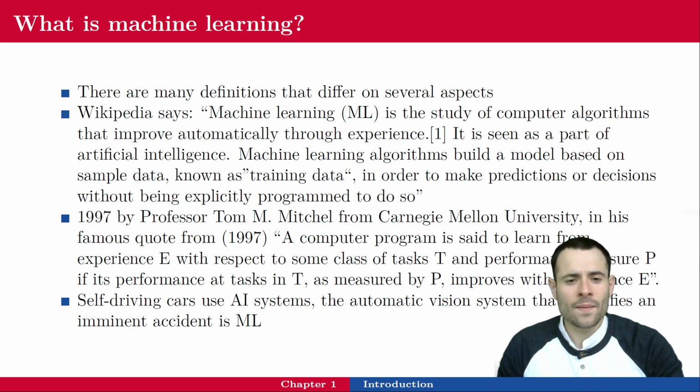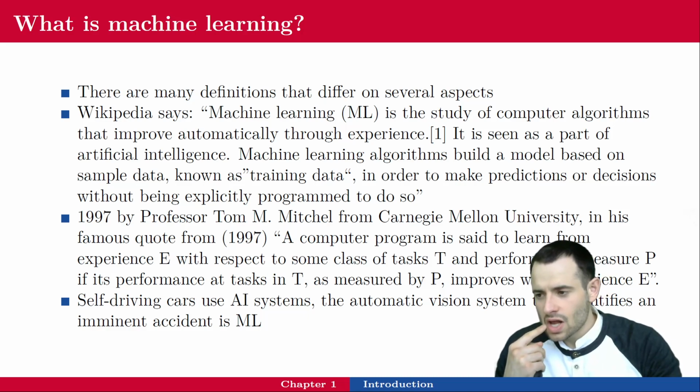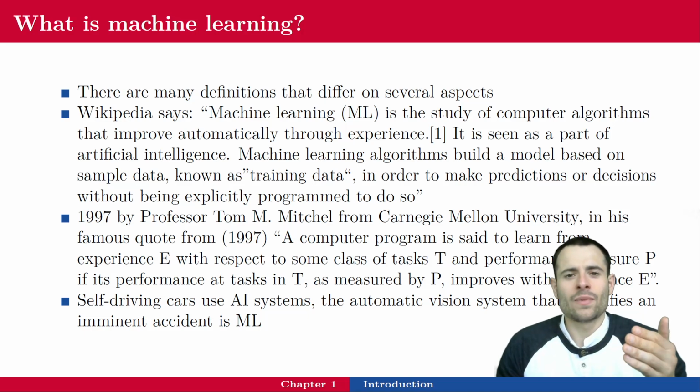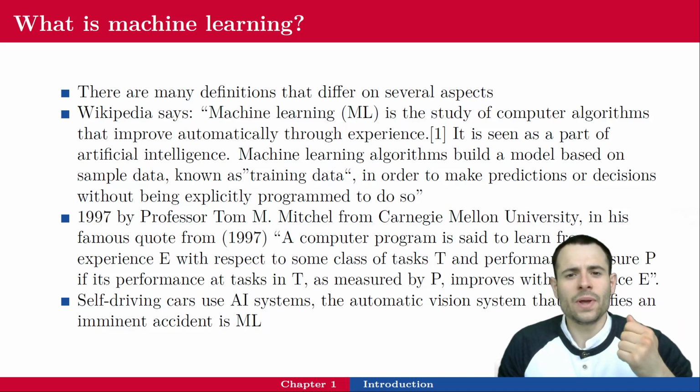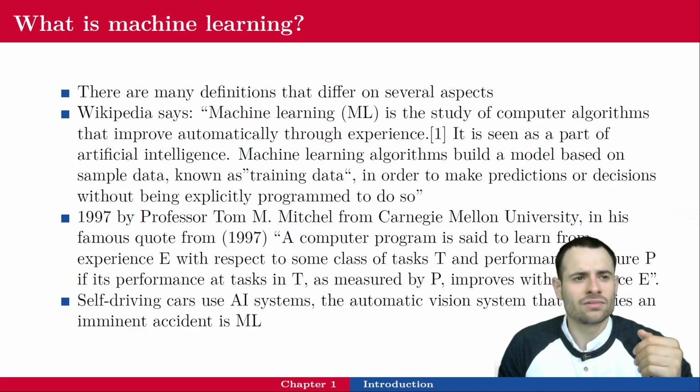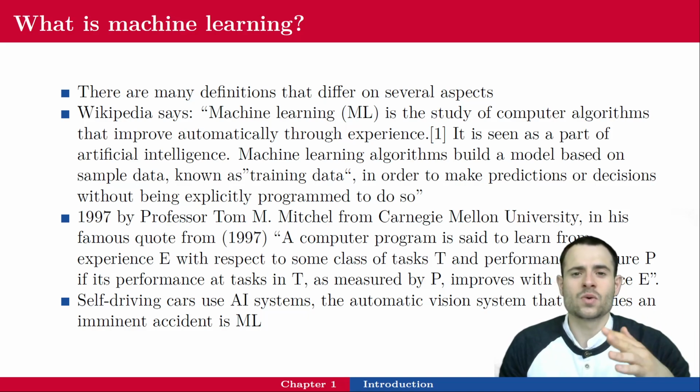In fact, you can find a website online, which I'll try to find for next time or something, where you can play with the machine learning algorithm live, which is about facial recognition. So you have several pictures that you can submit to the algorithm, and the algorithm is going to tell you if it's a human or a dog, or a human or an animal. So you can feed a bunch of pictures, and at the beginning the algorithm is pretty bad. It's like, yeah, that's an animal, whereas it's a human, and so on and so forth.